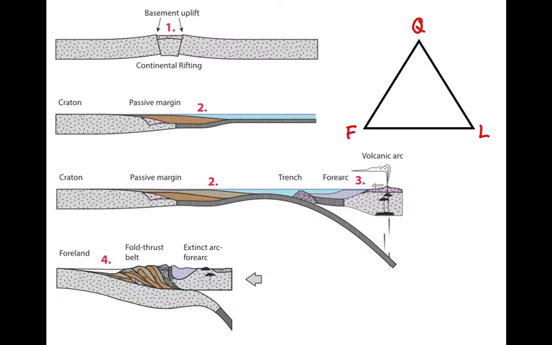So mainly what you're going to see in a situation like that is compositions that are going to fall somewhere in this range for setting 1. And that would be a basement uplift type of setting.